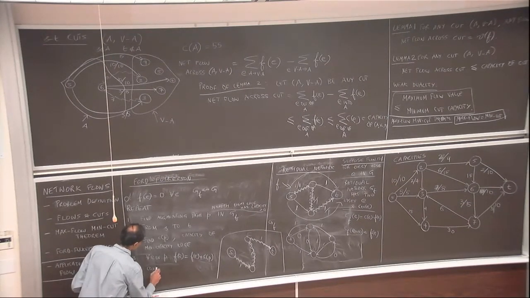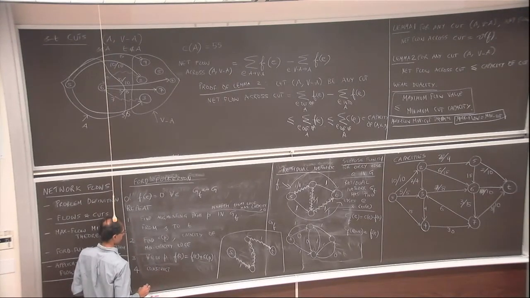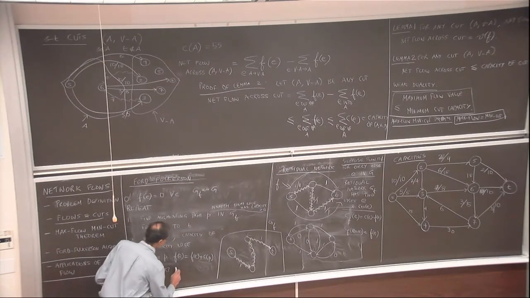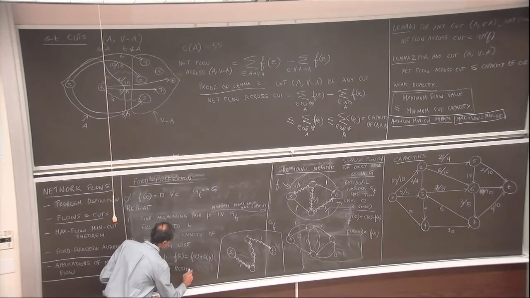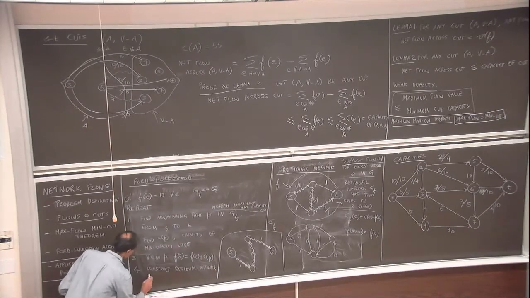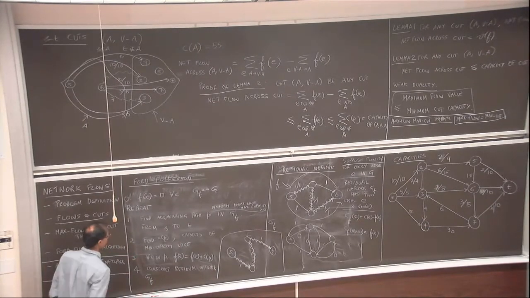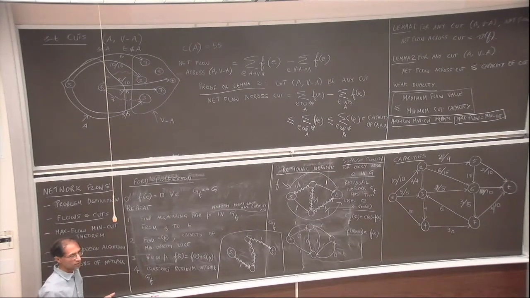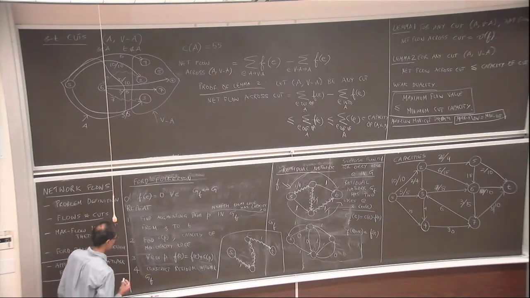Construct residual networks. Residual network GF, and the way we construct the residual network is, for every edge along this path we would have a reverse edge.